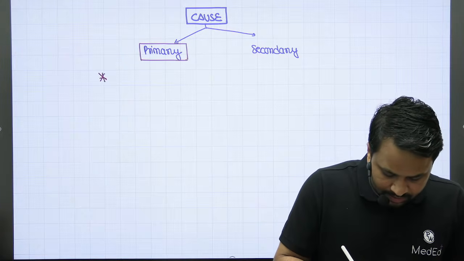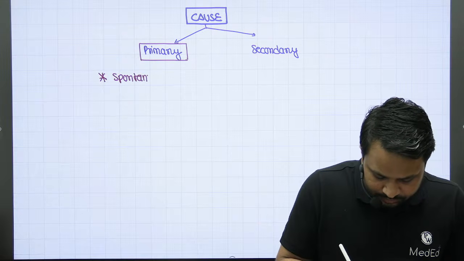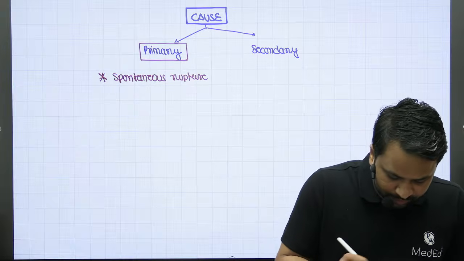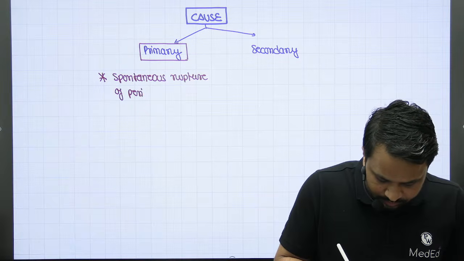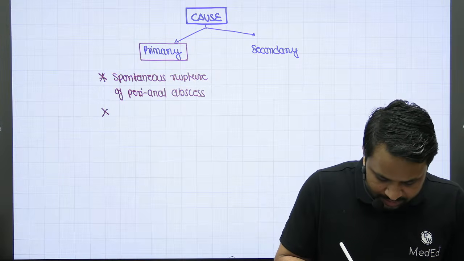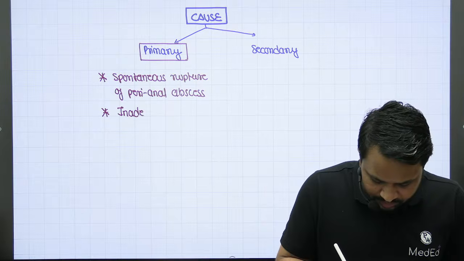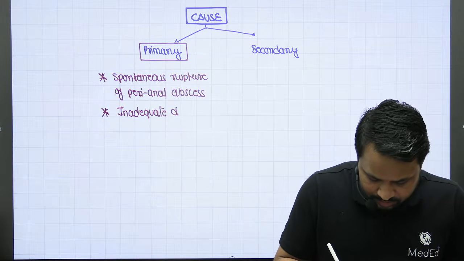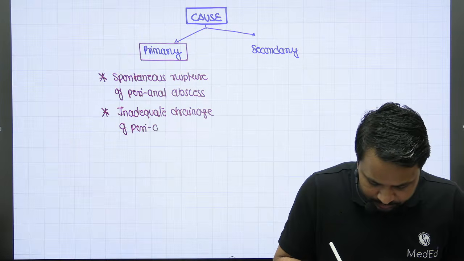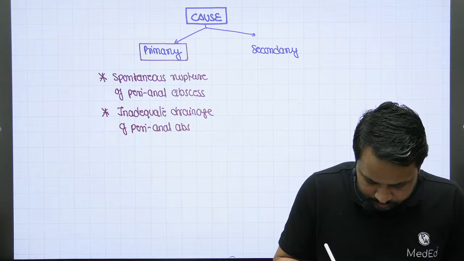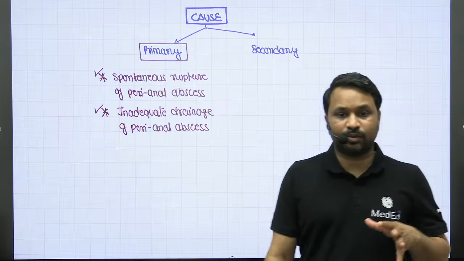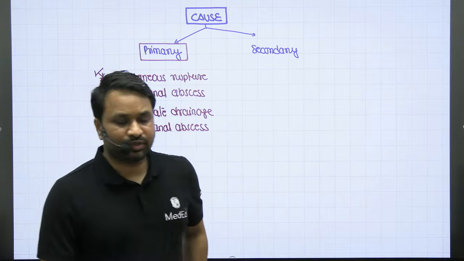Number 1, if there is a spontaneous rupture of perianal abscess, or if there is an inadequate drainage of perianal abscess. One, there is a spontaneous rupture of the perianal abscess. Second, there is an inadequate drainage of the perianal abscess.